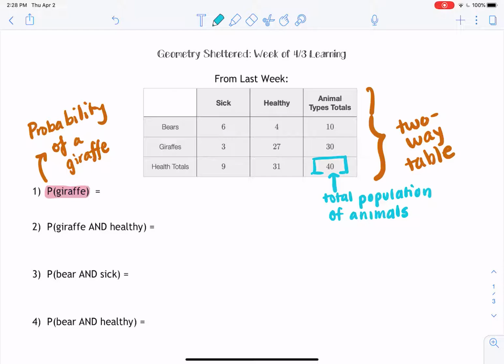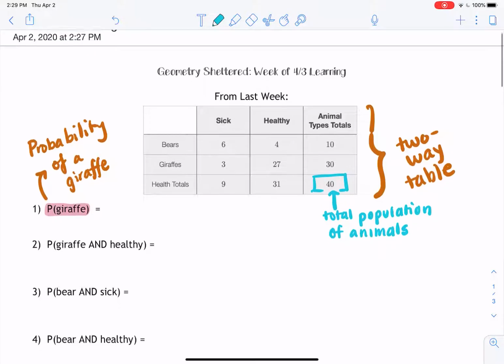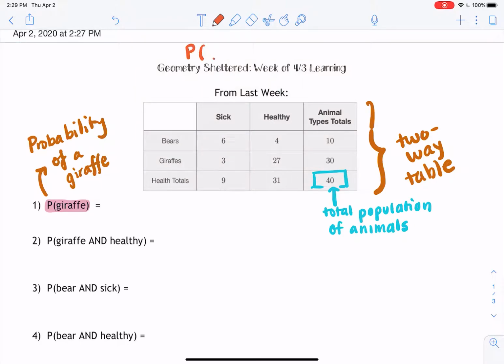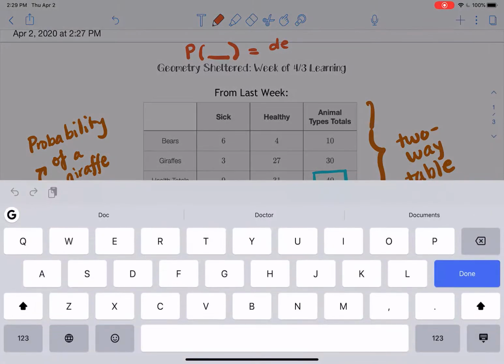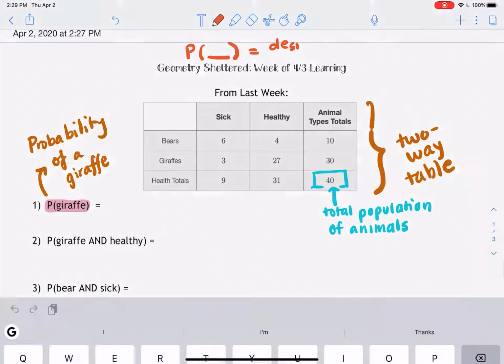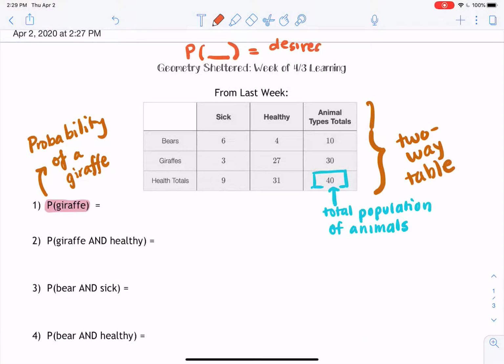And we know that probability in general of an event A is equal to, we'll just say probability of something is equal to our desired over total.